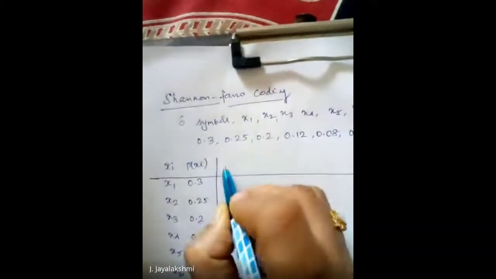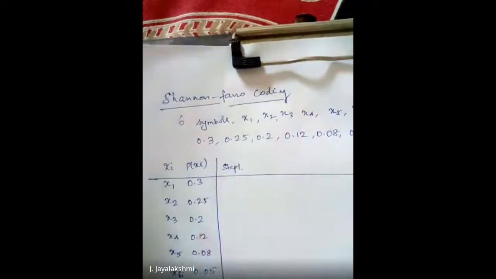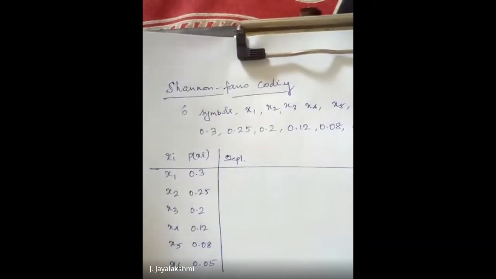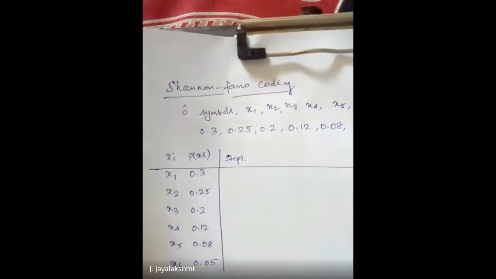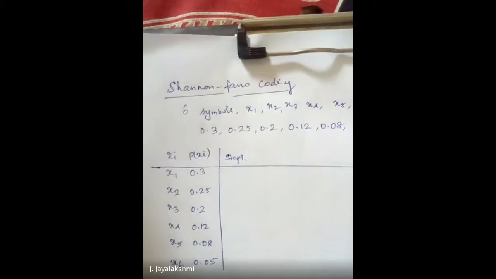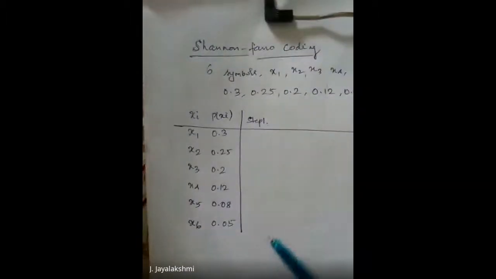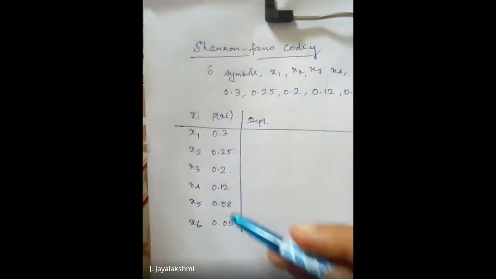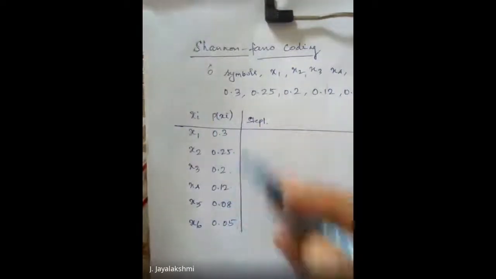As for Shannon-Fano coding, step 1, you have to partition the probabilities in such a way that they form 2 sets which are close to equiprobable. If possible, both may be equally probable, or you have to see whether they are close to equiprobable. So let us see these probabilities: 0.3, 0.25, 0.2, 0.12, 0.08, and 0.05. How can you partition these into two sets?